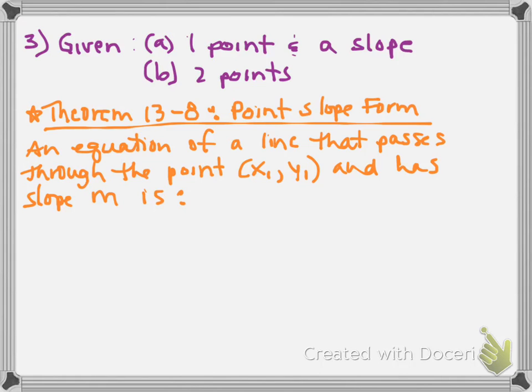I dislike the most the way the theorems in this chapter are written. It's kind of like reading German, where you have to get to the very end to understand what verb is going on, what's the action. It's kind of strange. y minus y sub 1 equals m times the quantity x minus x sub 1.